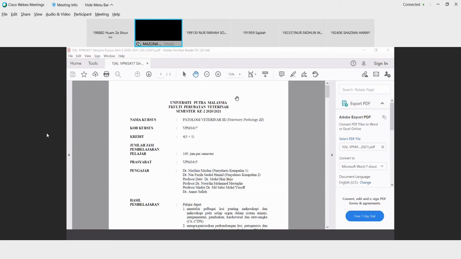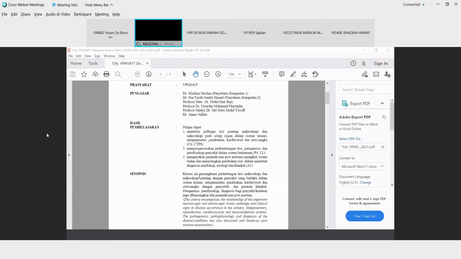So for this subject, the assessment is a bit different from pathology 2, whereby we will have an extra practical exam. Not only do we have test 1, we'll have test 2, which will cover 2 systems. Then we'll have the practical exam, the oral exam, and then your final exam.